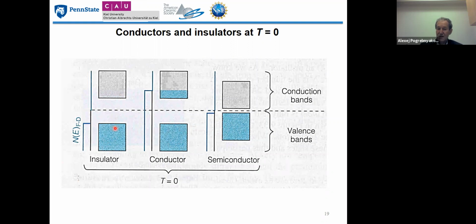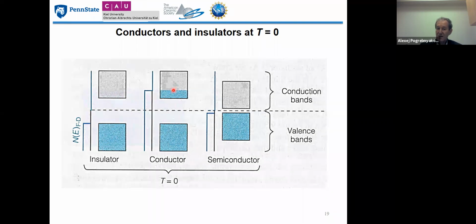So the insulators are insulating. In conductors, there is some number of occupied states in the conduction band, but other states are unoccupied.